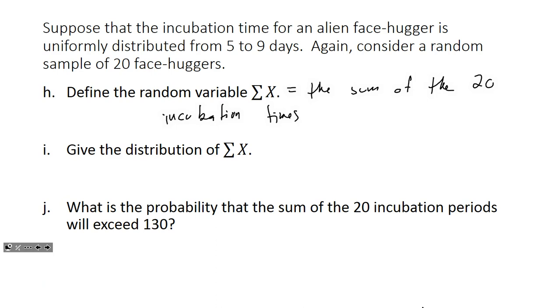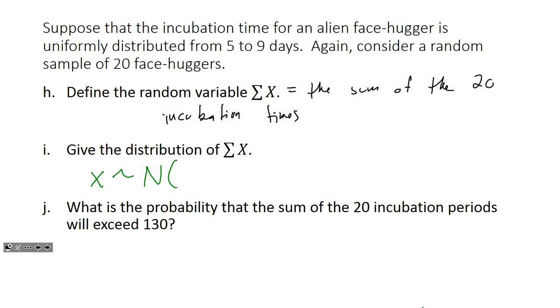Now, to give the distribution, if you've read the book, you know that it's not just the mean and the standard deviation we previously figured out. The distribution for a sum, it'll be normally distributed. But now for the mean, here's what I want you to remember. Remember how the mean was 7?